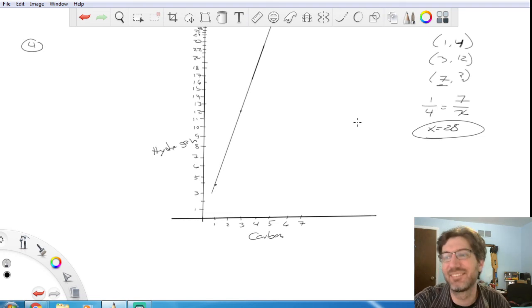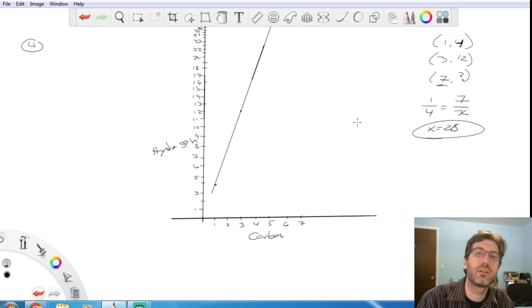So I'm going to leave you there because technically this is a half day of school and I took more than half the class to do this. But if you could get this worksheet done, I do not need to see anything for 4, but you kind of need it for 5, and submit it to me by the end of the day tomorrow.